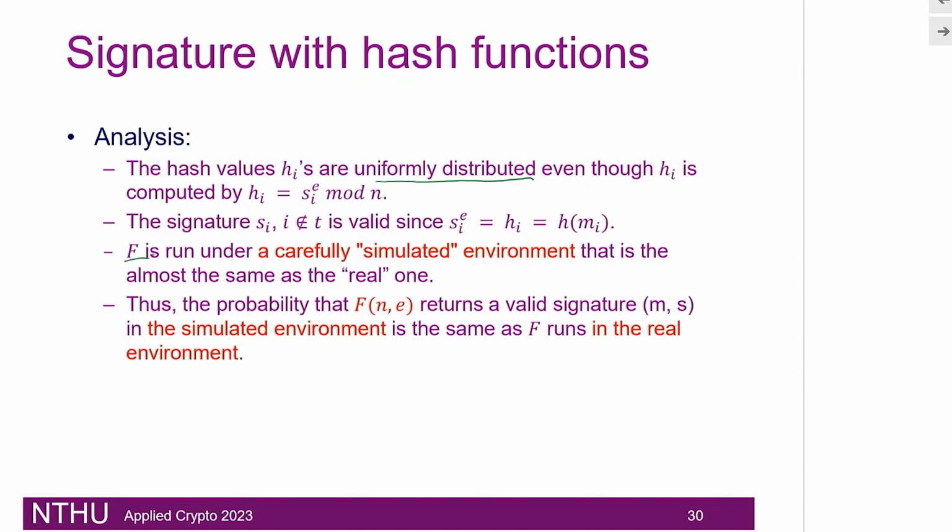The forger is working in what we call a carefully simulated environment, because it is almost what the forger would experience in real time. To prove this, there would be some sort of different games.